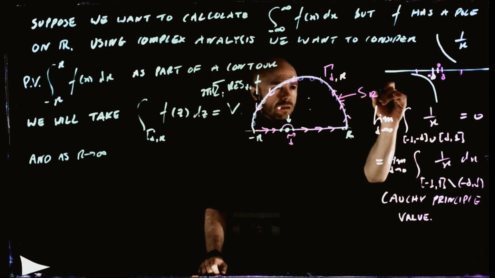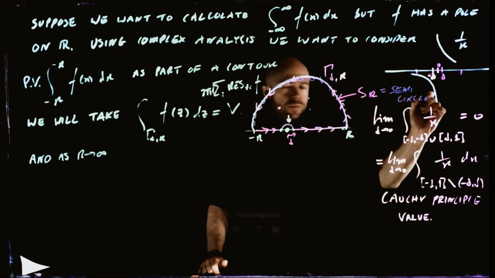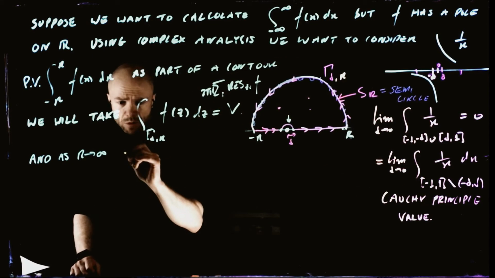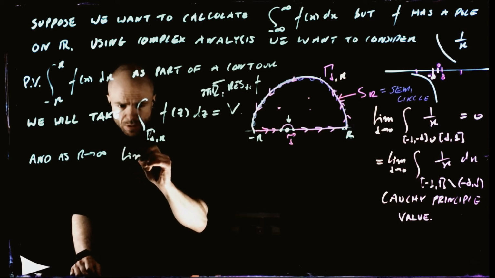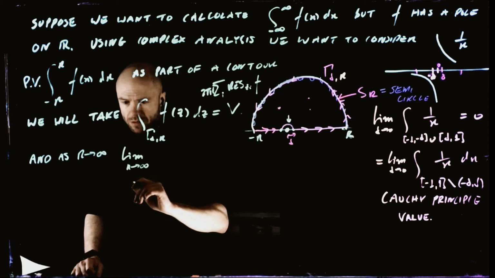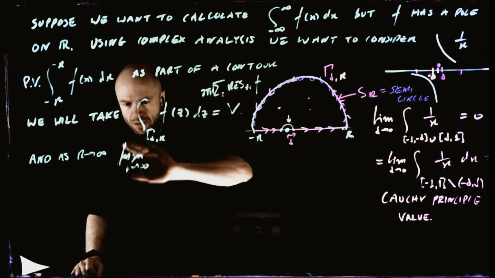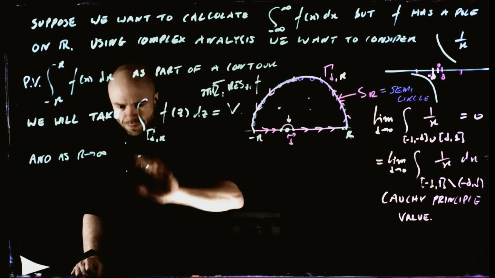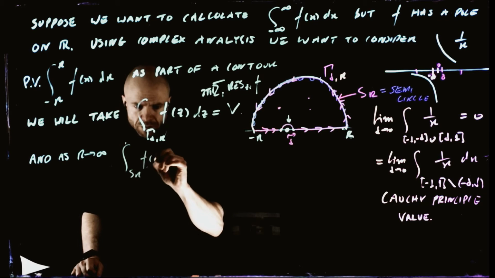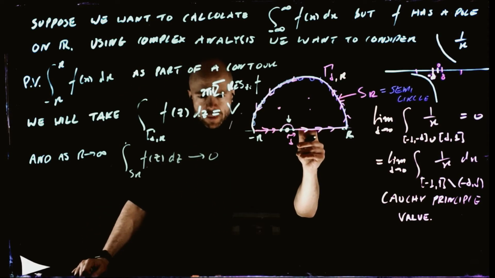As r tends to infinity, the integral around the semicircle of f of z dz will go to 0, so we don't have to care about that part.